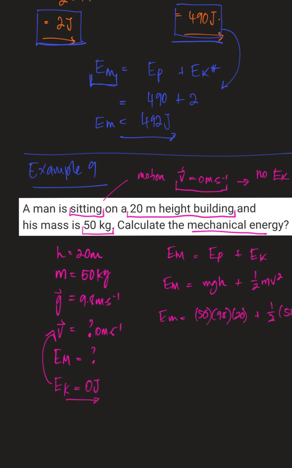See, that's where they give you your mark. So when you're looking at something like this, please make sure you don't fall into the trap of not doing the calculation and saying that it's impossible, because 0 is a number. So then I can say that EM is actually equal to 9,800 plus 0. Because half times 50 is 25, but 25 times 0 squared is 0.